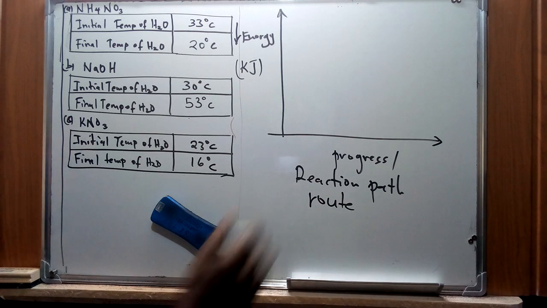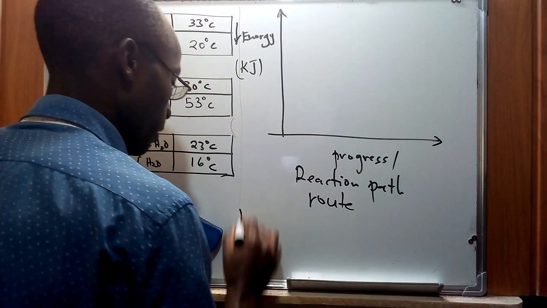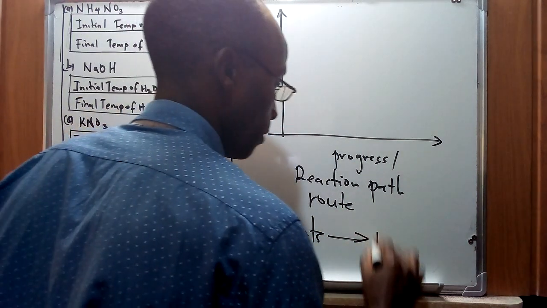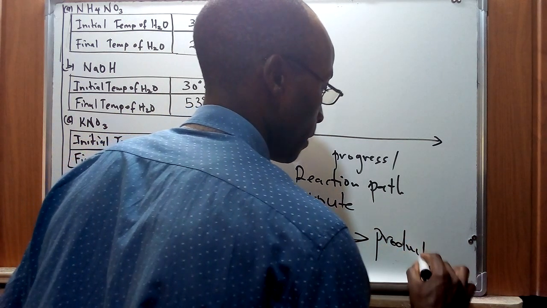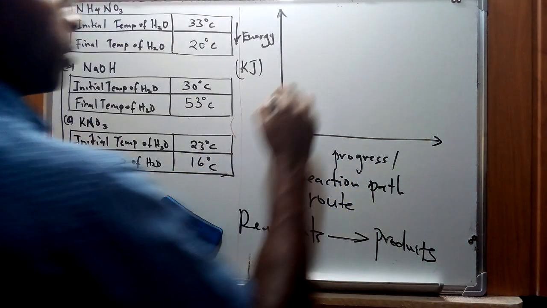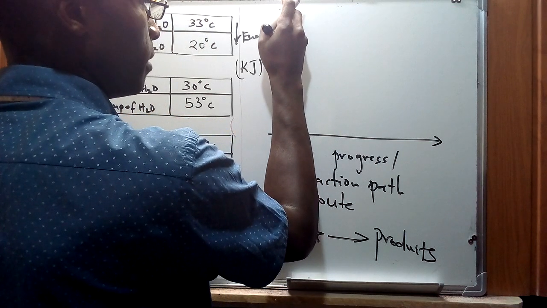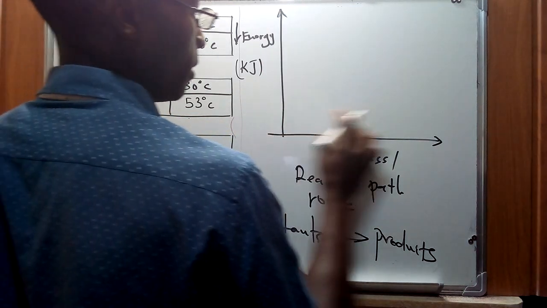So whenever a reaction is taking place, we have reactants which are reacting to form product. So in this case, there's an increase in energy in that direction as the reaction progresses.